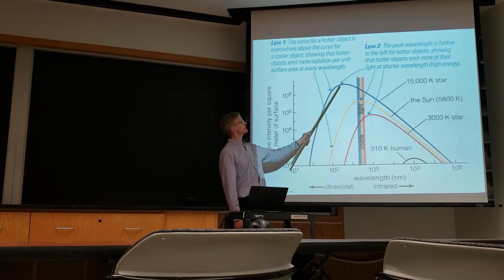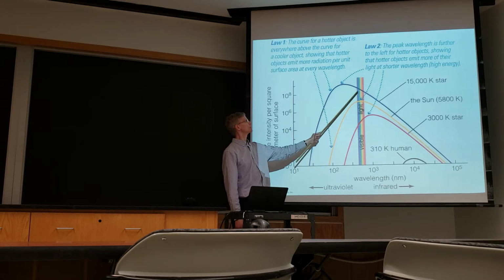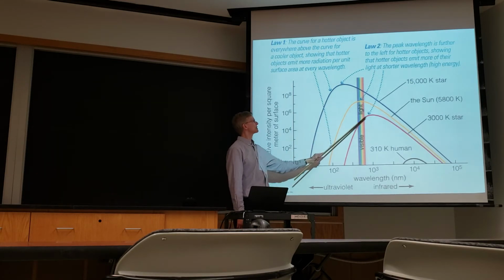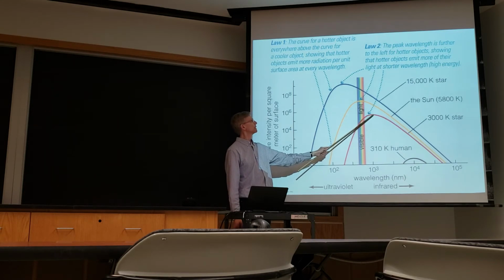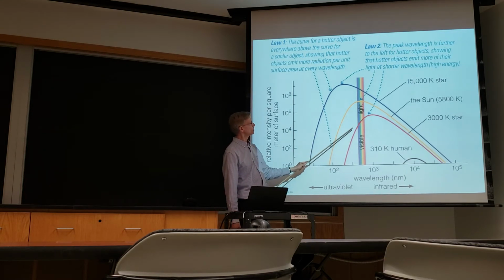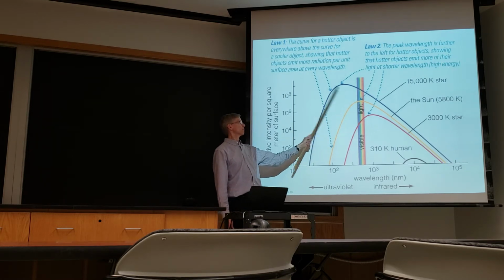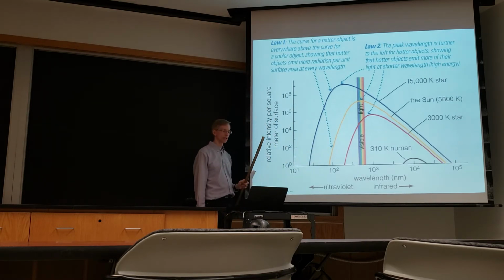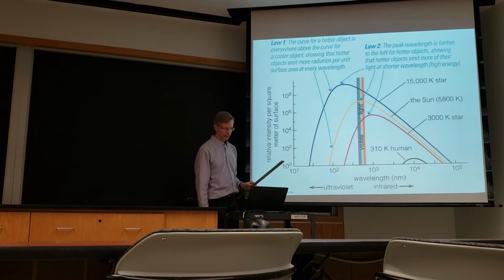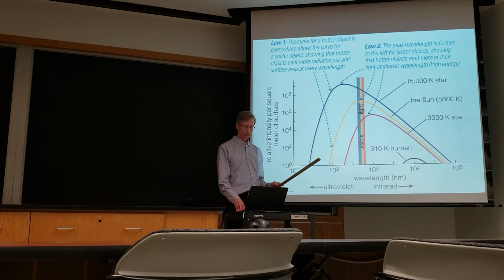If the peak is in the ultraviolet, the star is going to look bluish, because when you go back to the visible, there's more blue light than red light. If the peak is in the infrared, it's a cooler star, it's going to look reddish, because in the visible, there's more red light than there is blue light. And in between, you can get whitish, yellowish kind of stars, like the sun. And so that ties to Wien's law that way.